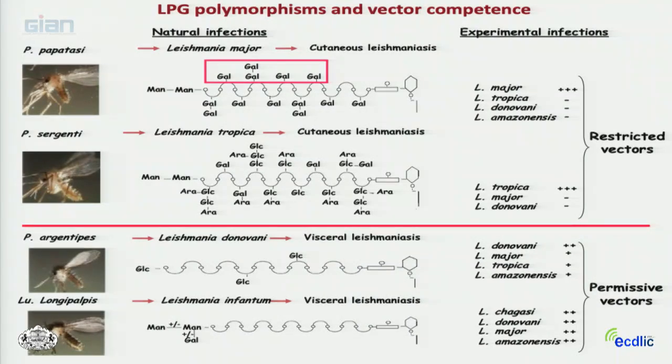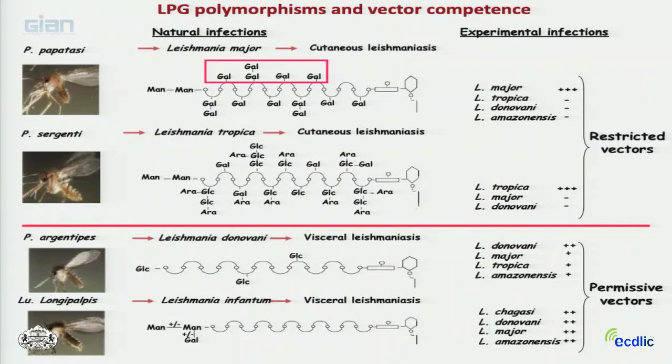So this summarizes, I know this is a lot of data. Let's just consider the first instance that we've been specifically talking about, this specific relationship between Phlebotomus papatasi and Leishmania major. So Phlebotomus papatasi, as I told you, will only transmit L. major, and it's only L. major that expresses these galactose side unit structures, okay? Phlebotomus sergenti will only transmit L. tropica.